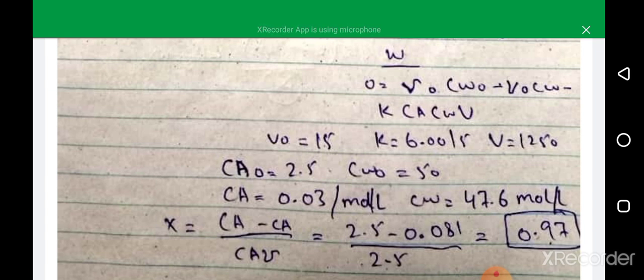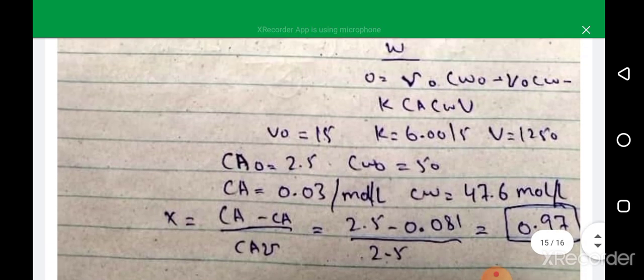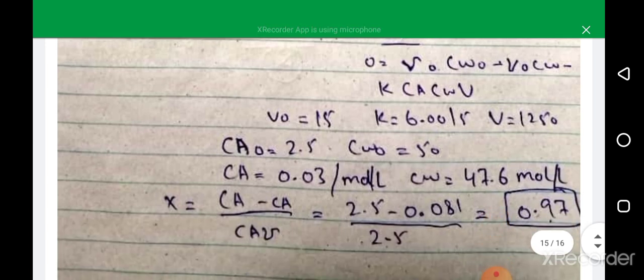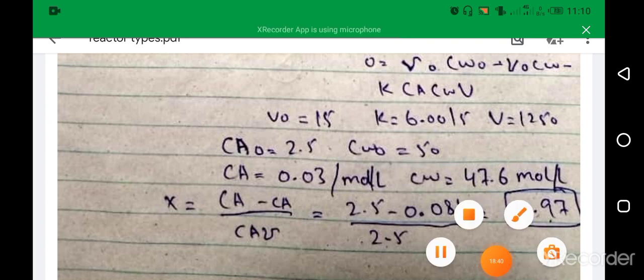X is equal to CA0 minus CA upon CA0, which is equal to 2.5 minus 0.081 upon 2.5, which is equal to 0.97. It is our answer, the conversion is 0.97. That's all. Thank you.